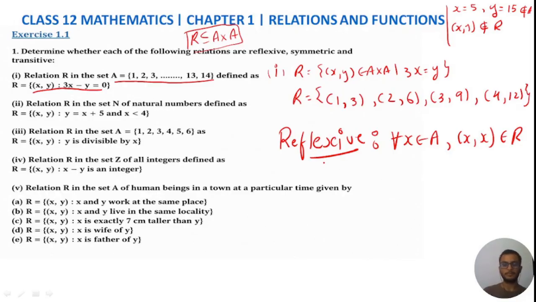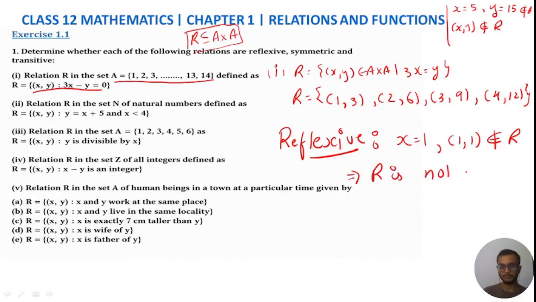Because reflexive should hold for every element, so for it to be not reflexive, we should find one element for which the property does not hold. Coming back here, I can see that if I pick x equals 1, then (1, 1) is not in R. This gives me that R is not reflexive, right?